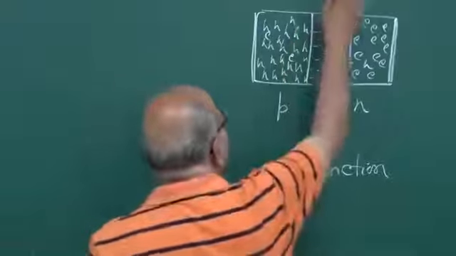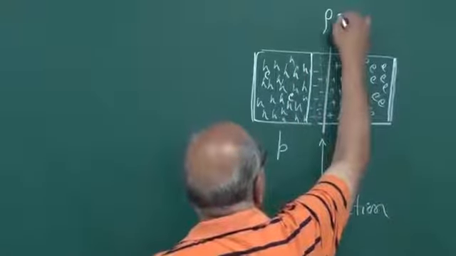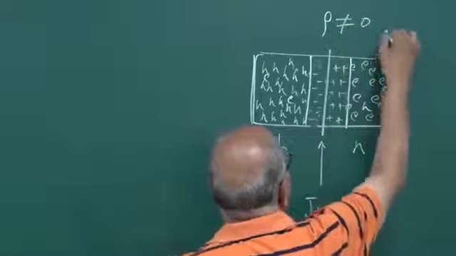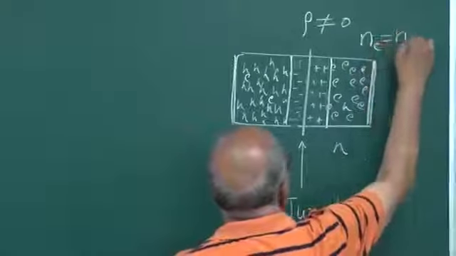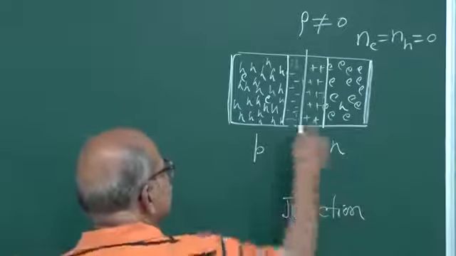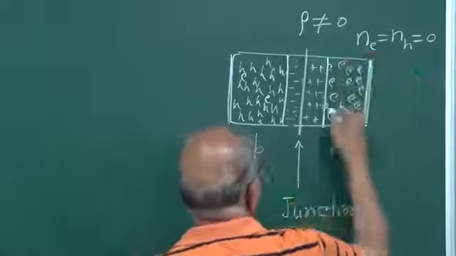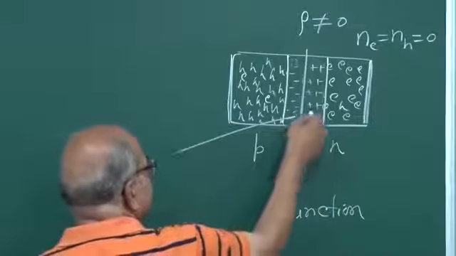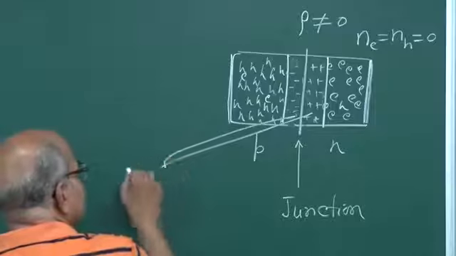So you have charge density rho, which is not 0, but the charge carrier density is 0. This whole region where you do not have charge carriers is known as the depletion region.